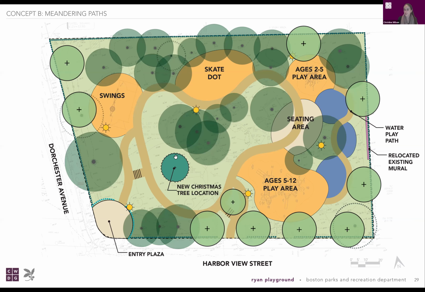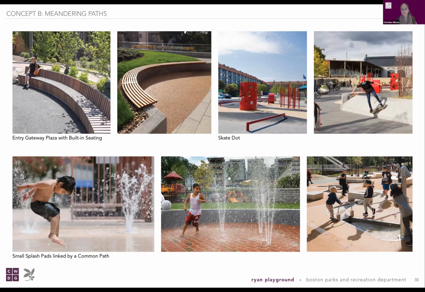The Christmas tree would be located within the meandering path. We had the skate dot to the north. And then the 5 to 12 play area is separated from the 2 to 5, which is separated from the swings. And the water play area would be connected by a path, and each of these zones would have some spray nozzles as shown here.